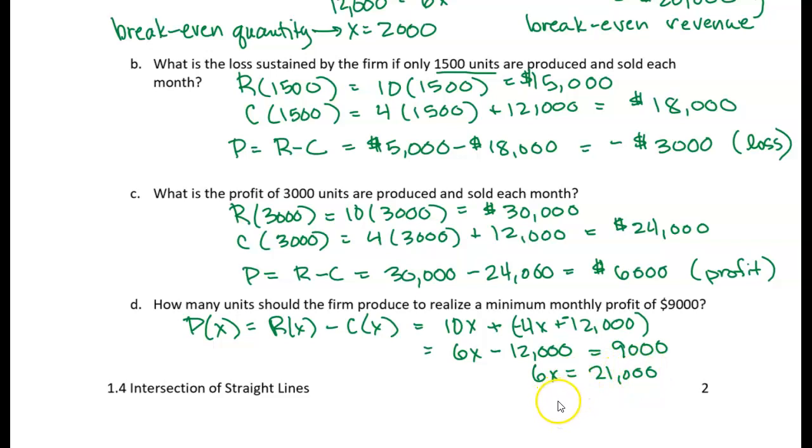And then if I divide both sides by 6, I get x is equal to 3,500. So at that level of production, 3,500 units, we will have a profit of $9,000.